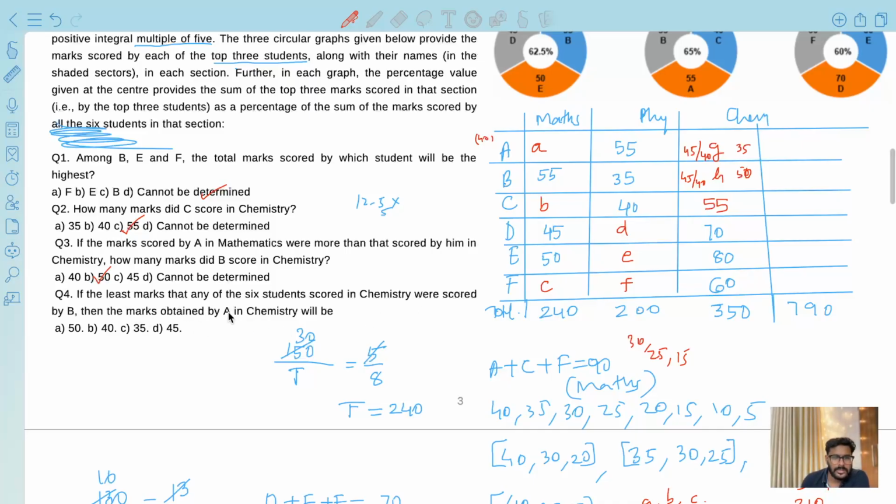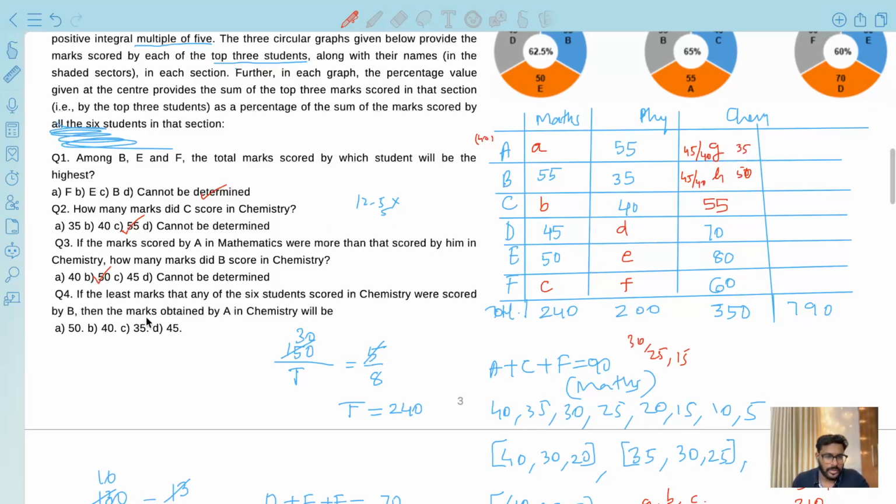If the least marks that any of the 6 students scored in chemistry were scored by B, then the marks obtained by A in chemistry will be. So B has to score 35 or 40.